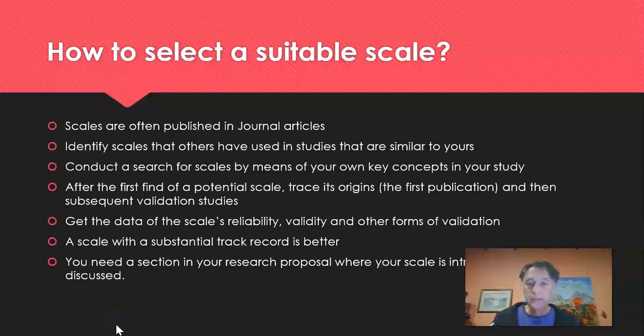All right, now the question is, how do you select a suitable scale? Now, scales are often published in journal articles. So when you do a literature search in the library, you can specifically search for specific scales. Now, one way to get hold of a scale is when you start reading for your study in general. Let's say your study is about prescription errors in hospitals.